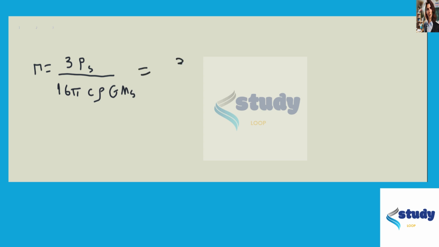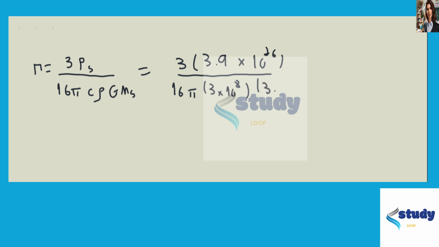So this is 3 times 3.9 times 10 to the 26, divided by 16 pi, the speed of light, 3 times 10 to the 8, the density they give us, 3.5 times 10 to the 3, the gravitational constant, 6.67 times 10 to the minus 11, and the last one is the mass of the sun, 1.99 times 10 to the 30 kilograms.